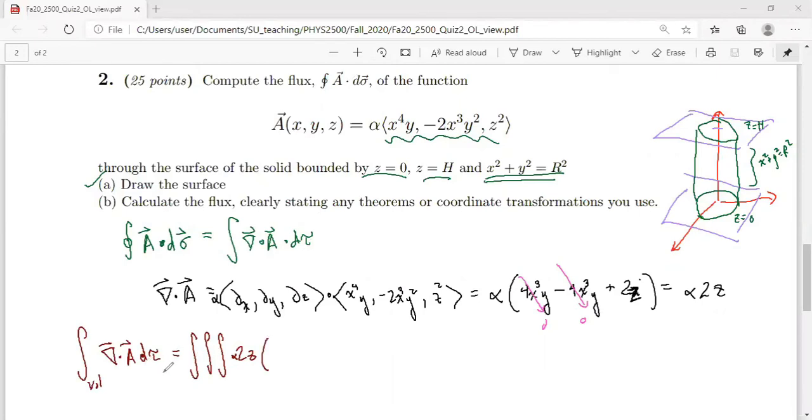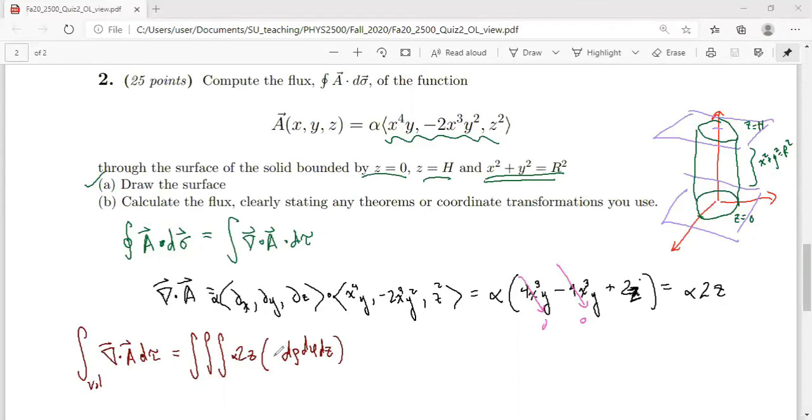What's the volume element in cylindrical polar coordinates? You can use r or rho, doesn't matter. Is it rho squared sine theta? So the sine, or did you say d psi?